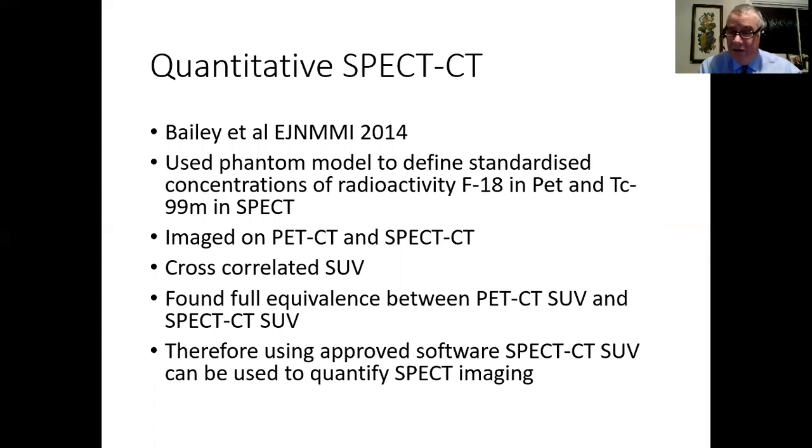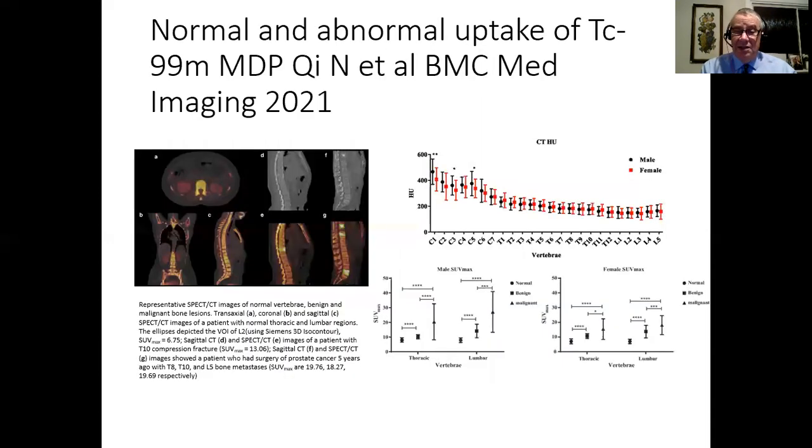Now, obviously, he used different tracers. He used F18 in PET and Technetium 99 in SPECT, and he was able to get equivalents to SUVs with SPECT-CT. So if you have the appropriate software now with this scatter correction, you can now also measure SUV. Now, that could be very useful if you are, for example, monitoring bone disease.